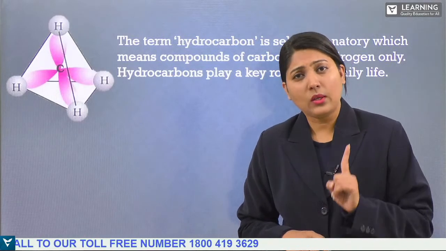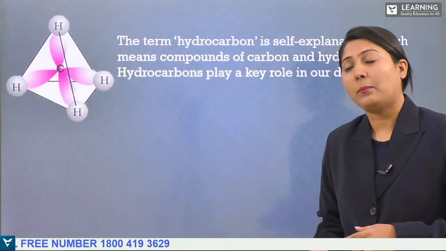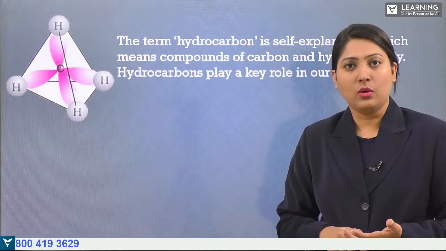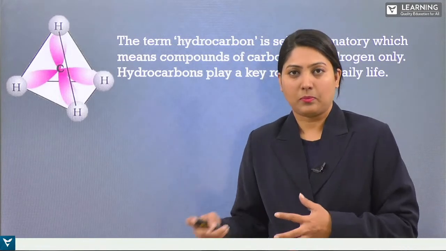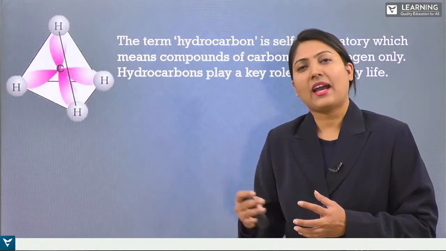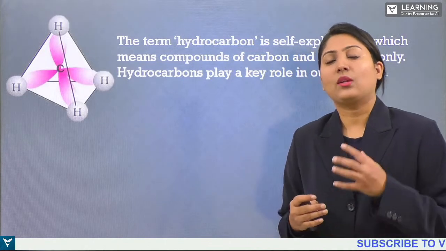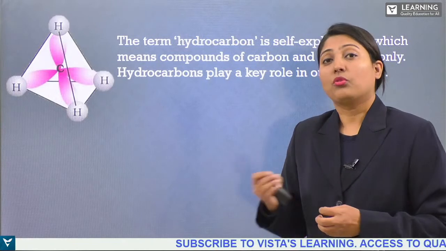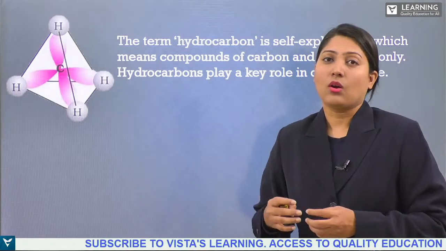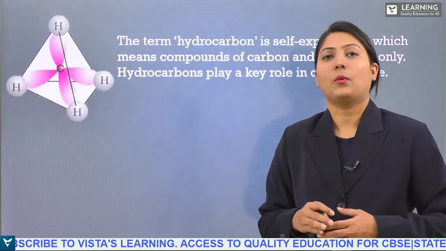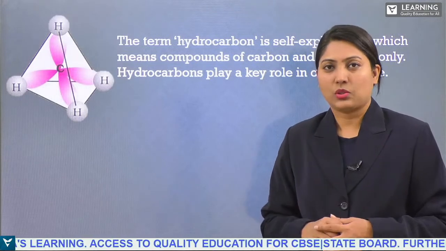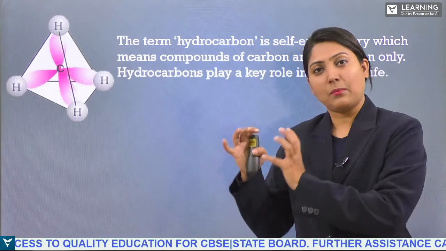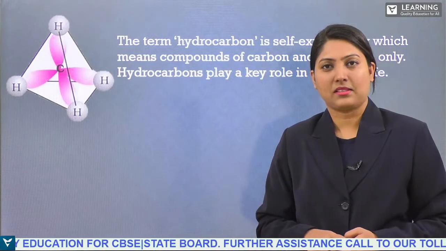But here, not only one single compound is formed. As we know from the law of multiple proportions, we have different proportions in which carbon and hydrogen can combine, right? So we have many chain-like structures formed by carbon with hydrogen, which we categorize as a complete group called hydrocarbons.